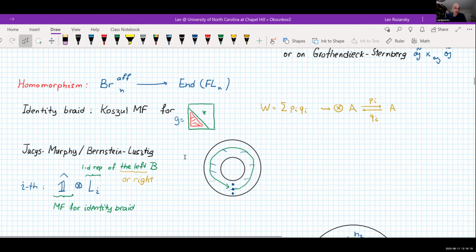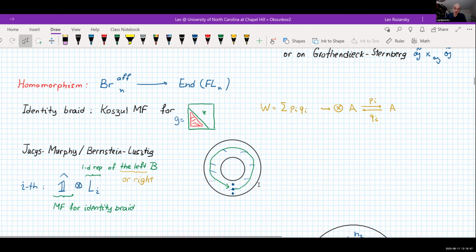And there is another set of easy matrix factorizations which correspond to Eustace-Murphy or Bernstein-Lusztig special elements, actually Andrei loves them. These are special elements in special affine braids, which correspond to moving a strand around the inner hole or outer hole, it doesn't matter.